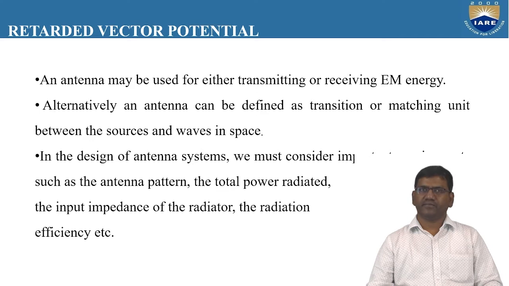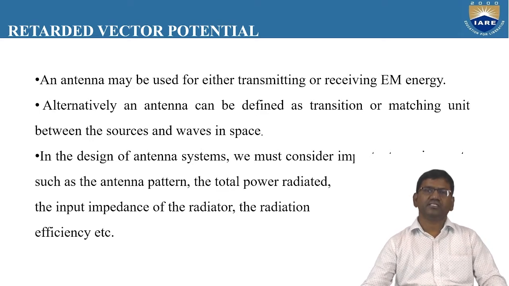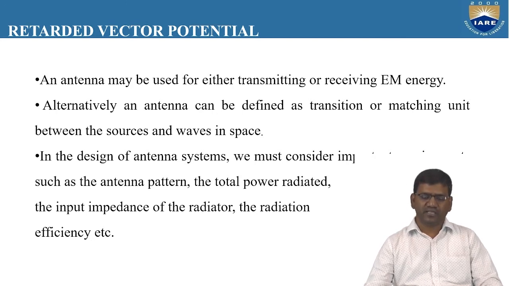in the free space. In the design of antenna systems, we must consider some important requirements like what is the antenna pattern, what is the total power radiated, what is the input power given, and what is the radiation efficiency.